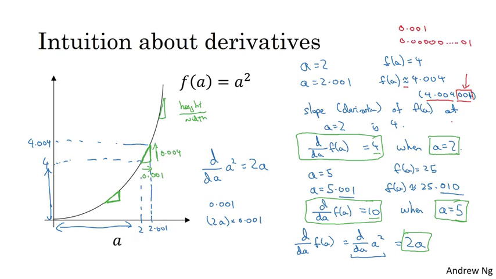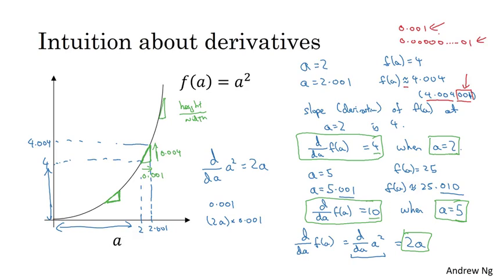And you find that the amount that f of a goes up is exactly equal to the derivative times the amount that you nudge a to the right. The reason it's not 4.004 exactly is because derivatives are defined using infinitesimally small nudges to a, rather than 0.001, which, while small, is not infinitesimally small.